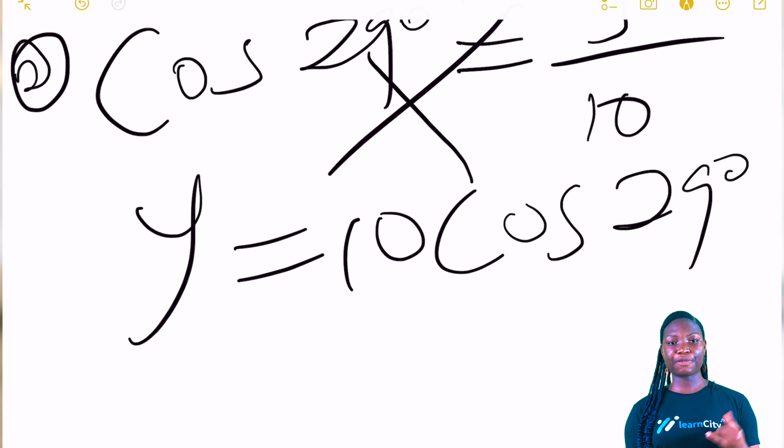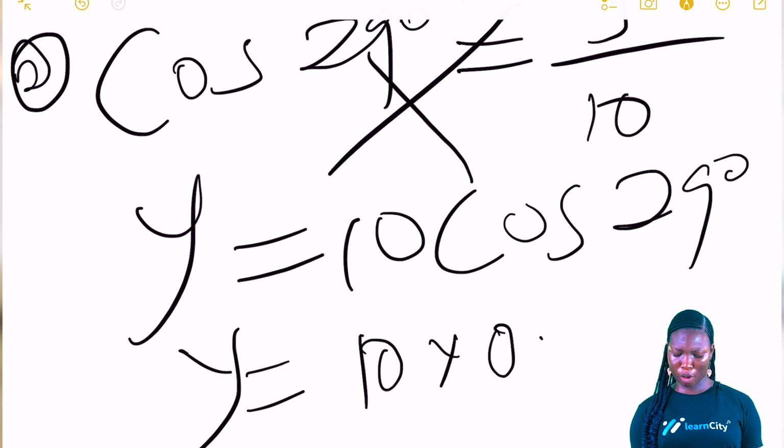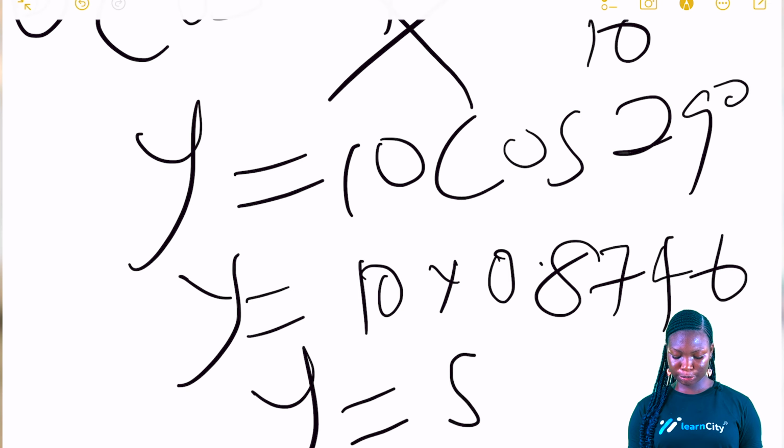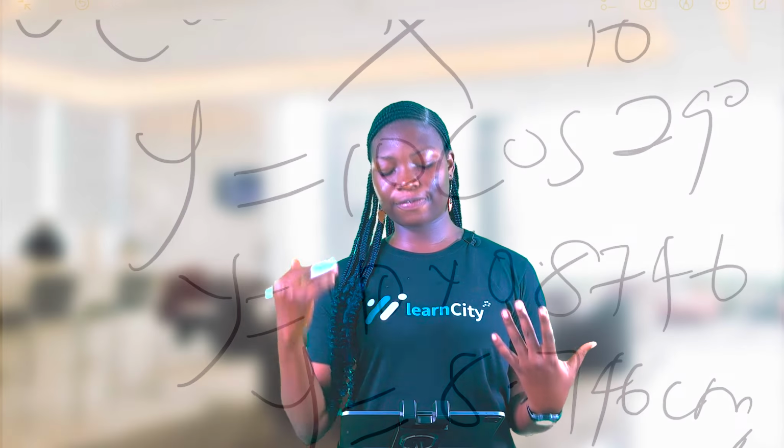And when we check our four figure table, we have our cos 29 to be 0.8746, and our y is 8.746 centimeters. So with this example, we've been able to find the sides of the triangle.